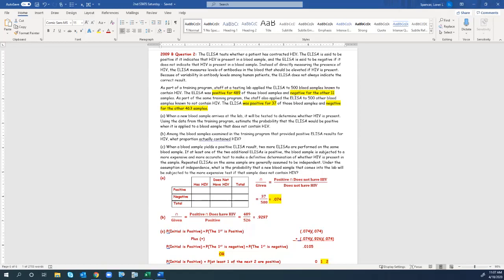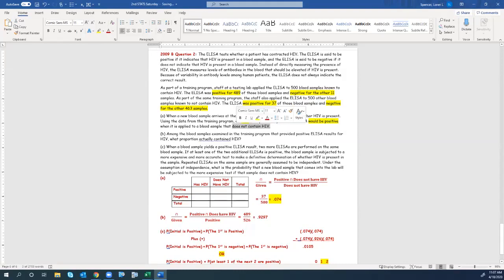So when a new blood sample arrives at the lab, it will be tested to determine whether HIV is present. Using the data from the training program, estimate the probability that the ELISA would be positive when it's applied to a blood sample that does not contain HIV.